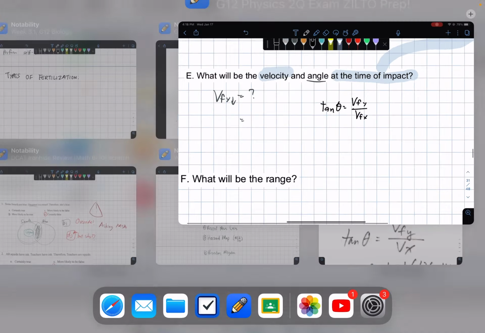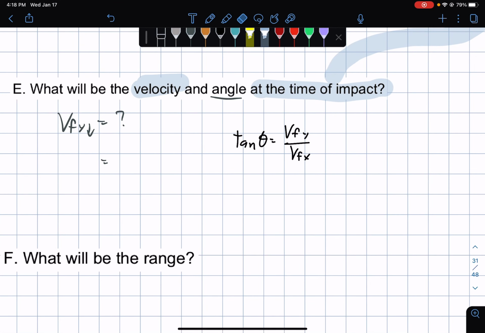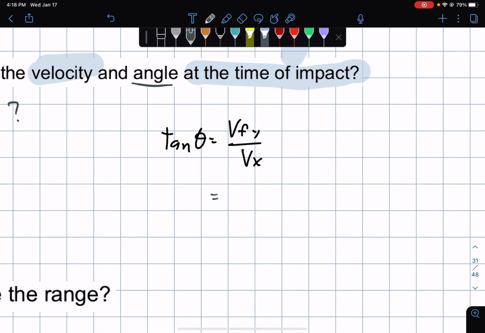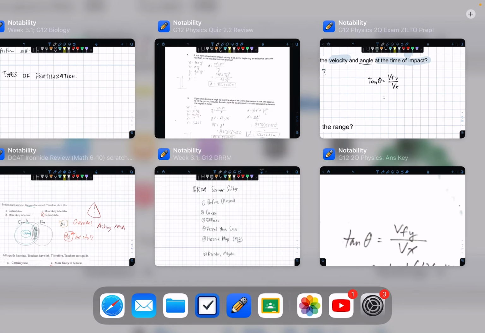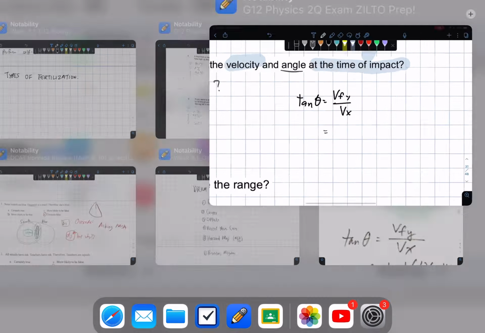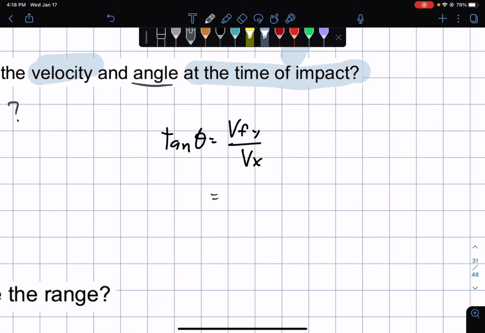Wait, did I get it right? It's only Vx. VFY and VX. We're going to use arctangent.